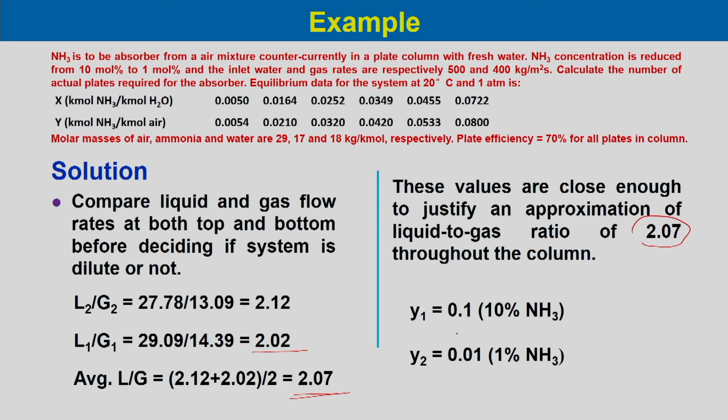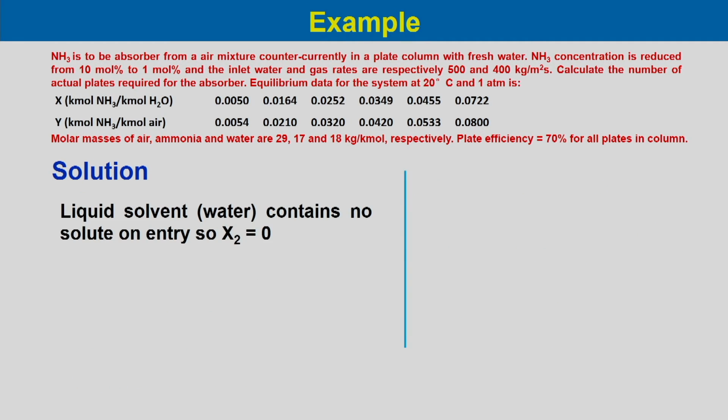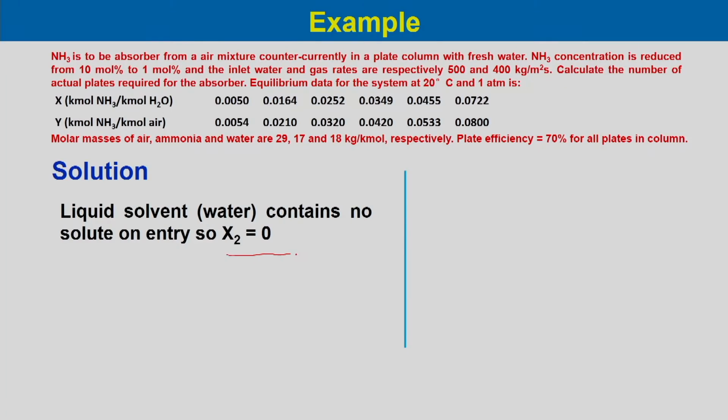And Y1 is known, it is 0.1 because of 10% ammonia, and Y2 is 0.01 because it is 1% ammonia in the exit stream. So, that has to be reduced from 10 mole percent of ammonia to 1 mole percent of ammonia. Now, the liquid solvent, which is water, contains no solute at the entry, the solvent is solute free. So, X2 is 0.